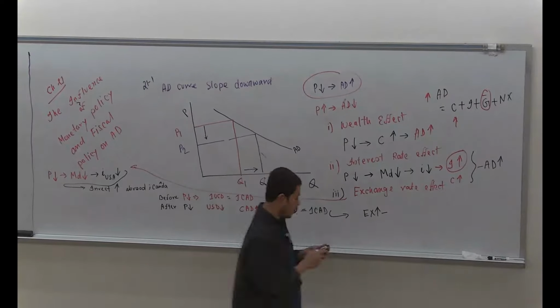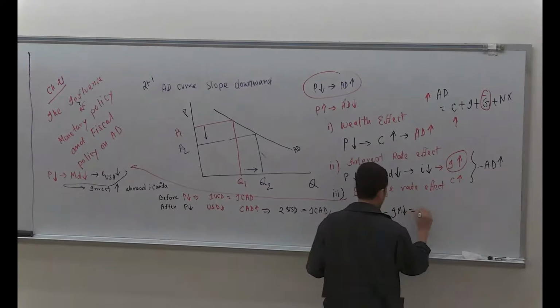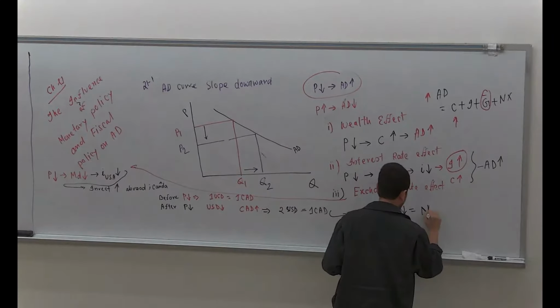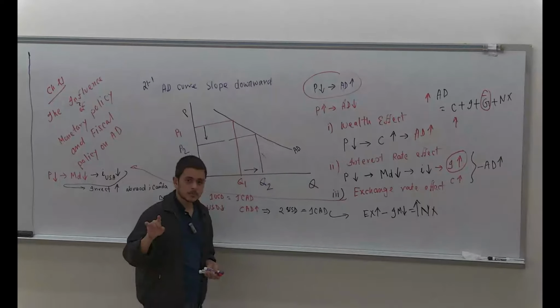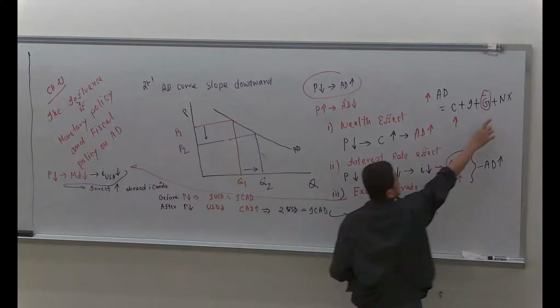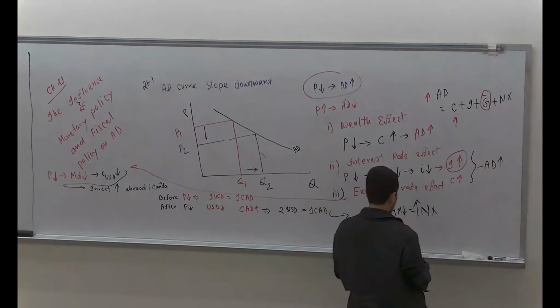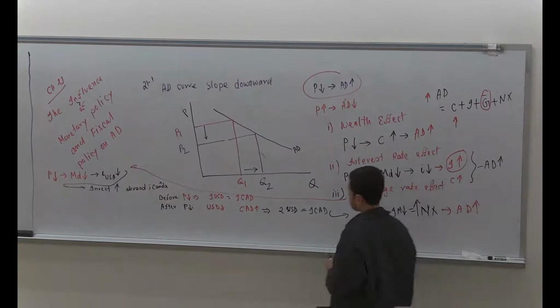So imports will fall. When this happens, net exports go up. And net export is one component of aggregate demand. You can see in the equation, when net export goes up, aggregate demand will increase.